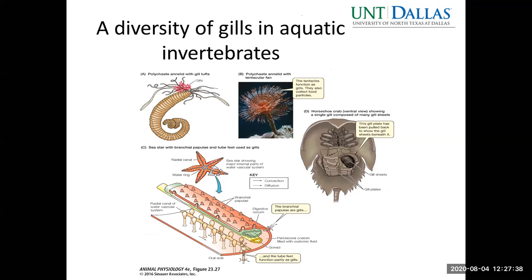So we have a diversity of gills in aquatic invertebrates. How does breathing take place in aquatic invertebrates and other groups? Many small aquatic invertebrates and some large ones have no specialized breathing organs. They exchange gases across general body surfaces, which sometimes are ventilated by swimming motions or by cilia or flagella, generating water currents.